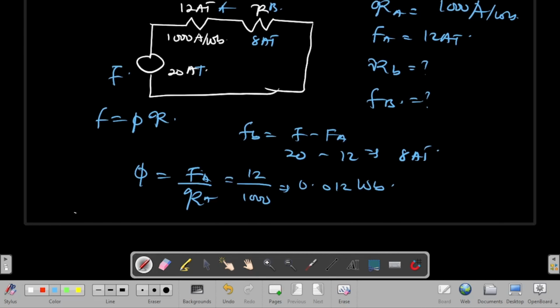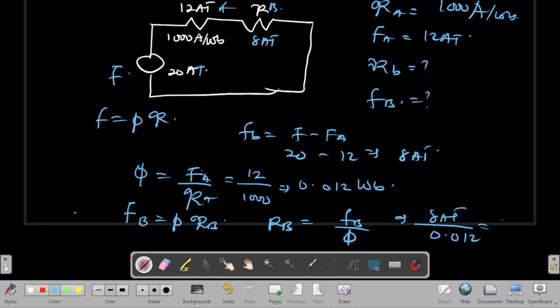And I can say that my second Ohm's law becomes my FB is equal to the same magnetic flux times my RB. Since I need RB, it becomes my FB over my magnetic flux. My FB is simply what? 8 ampere turns over my flux 0.012. And this should give us 666.67.